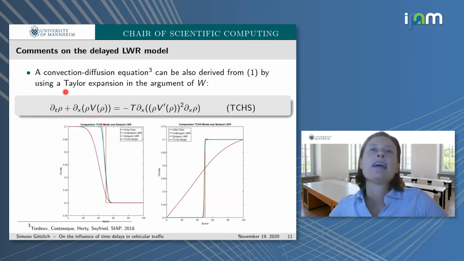But then they end up, as you can see here, with a different equation. Now the delay does not enter the flux function. It's given more or less as a term on the right-hand side.